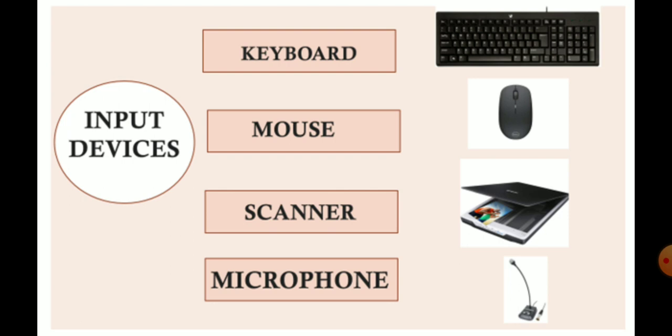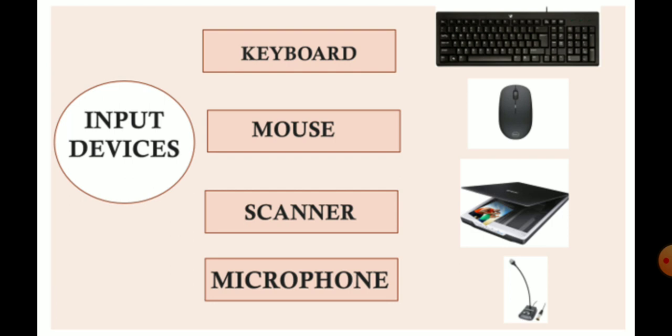Now I will briefly explain what each of these are. There are pictures in front of each device. Let's take the first one, that is a keyboard. Now what is a keyboard? As you can see in the first picture, there are a lot of keys on it. That's why the name keyboard, isn't it? The letters on the keyboard are not arranged in alphabetical order.